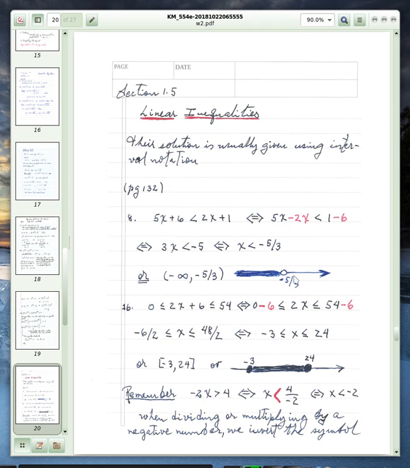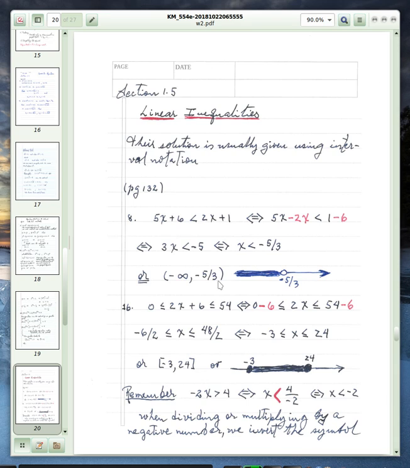On the number line, it looks like this. Since it is less, that means it's left from minus 5 over 3. And it's the whole interval. If you use interval notation, you say the whole interval from minus infinity to minus 5 over 3. Since x cannot be equal to negative 5 over 3, we use parentheses.